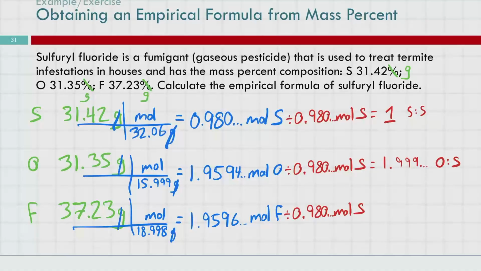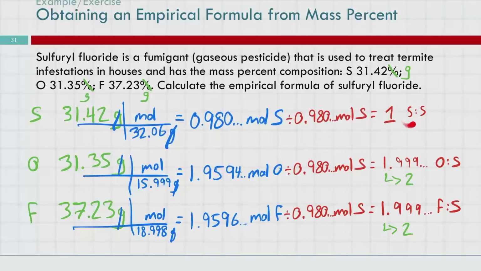And the other one is a similarly close 1.999..., but this is fluorine for every sulfur. These numbers are close enough that we can round. So we're going to round all of them, except for the 1.